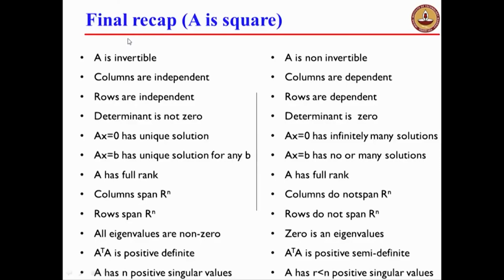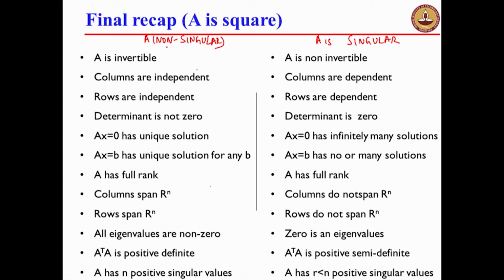And finally, the cheat sheet that I promised you, when A is square. So there are two cases which are possible. In the first case, A is invertible. On the left hand side, they are all equivalent characterizations of non-singular matrices.